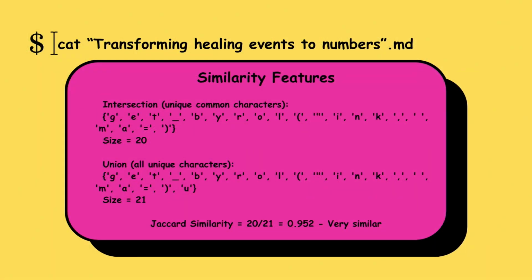So we can see that after excluding repeated characters from both sets, the Jaccard similarity is very high, because only the U in about is different. Also, since from ABT to about there are only 2 characters added, the edit distance between the 2 words is 2.